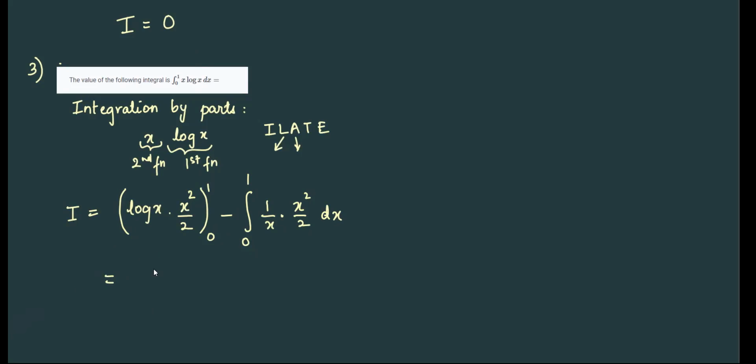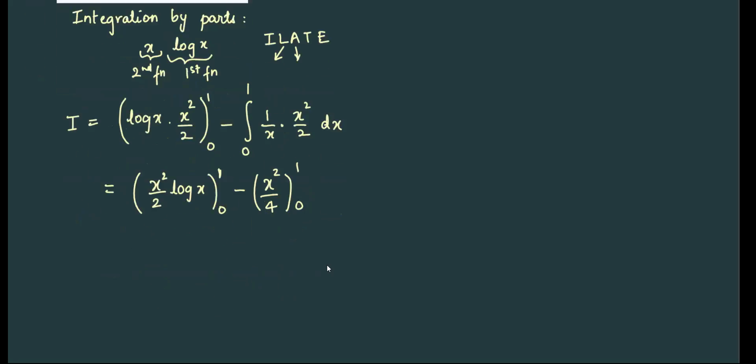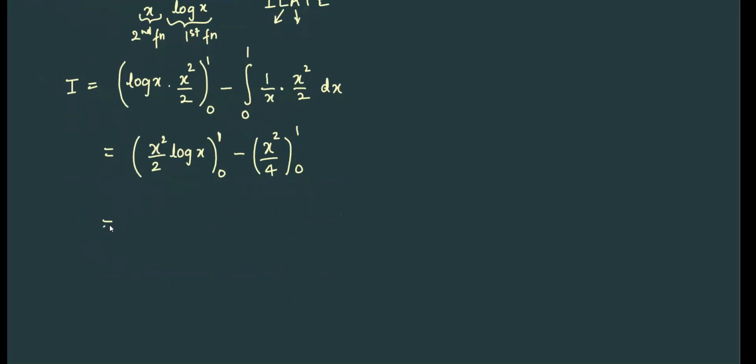I'll not apply the limit directly because log x is not defined at x equal to 0. We'll have to use limit. Now this is x upon 2, integral will be x square upon 4, 0 to 1. Let's apply the upper limit and lower limit.